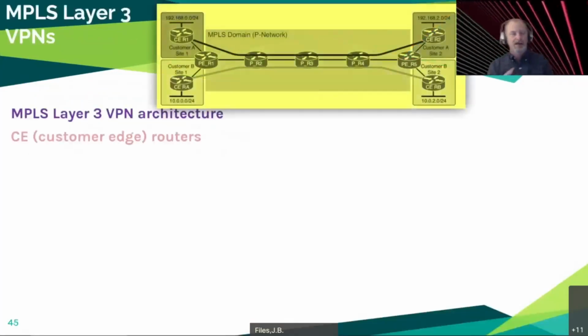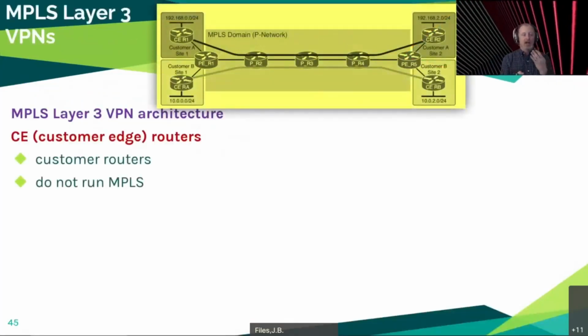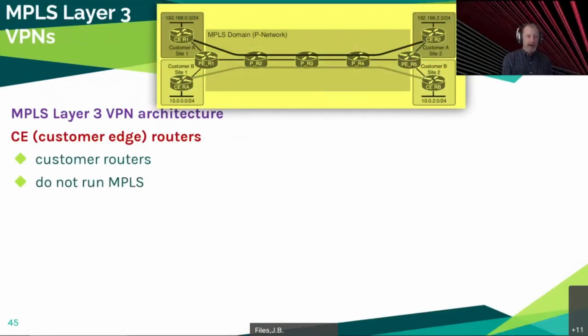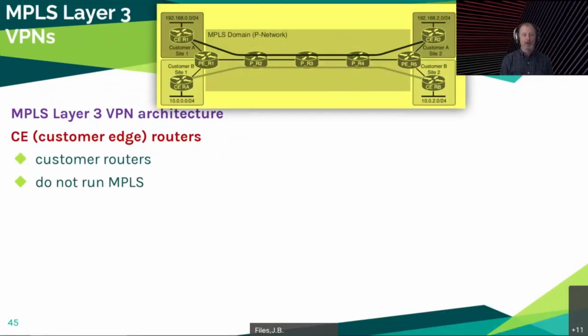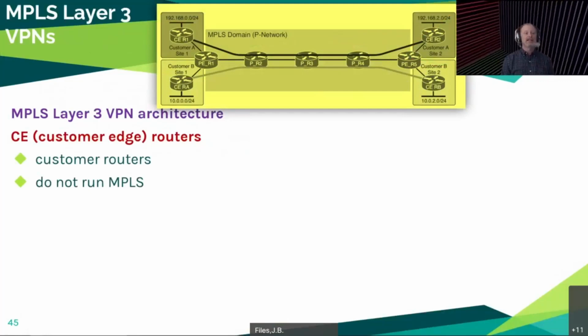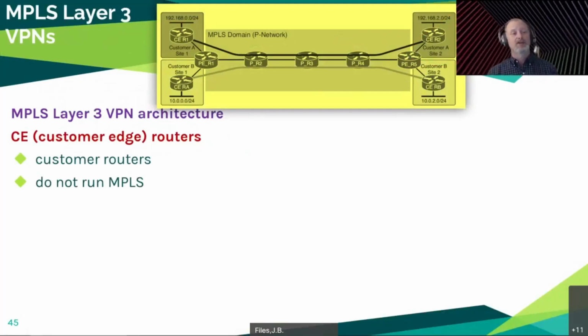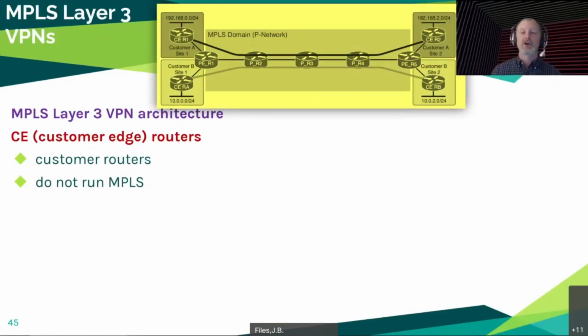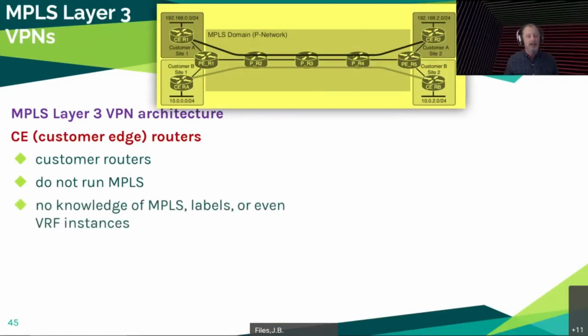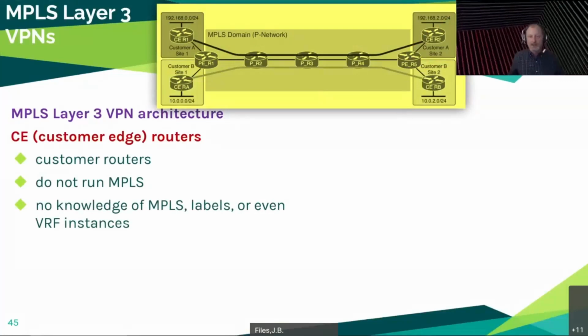So let's talk about how this is set up. We have the customer network, which interfaces with the service provider network or the P network using CE routers, or customer edge routers. The customer edge routers do not understand MPLS and they don't see it. They have no knowledge of it. They have no knowledge of VRF instances.